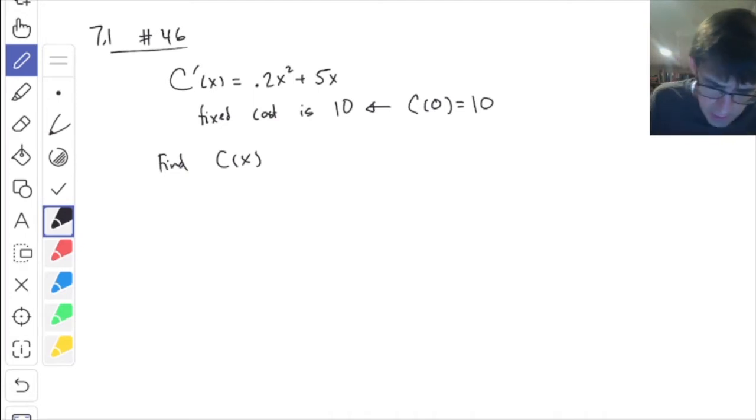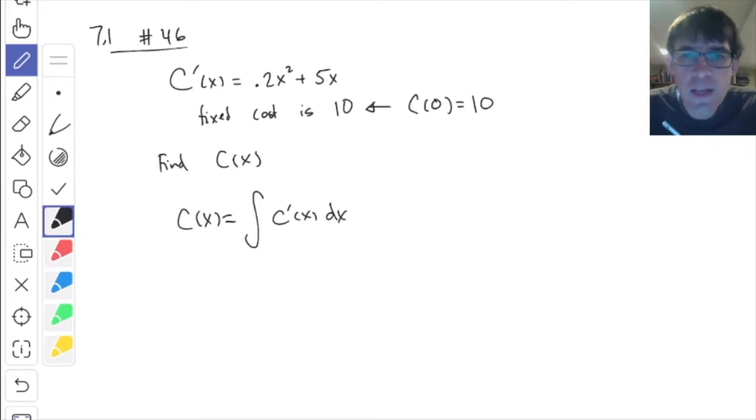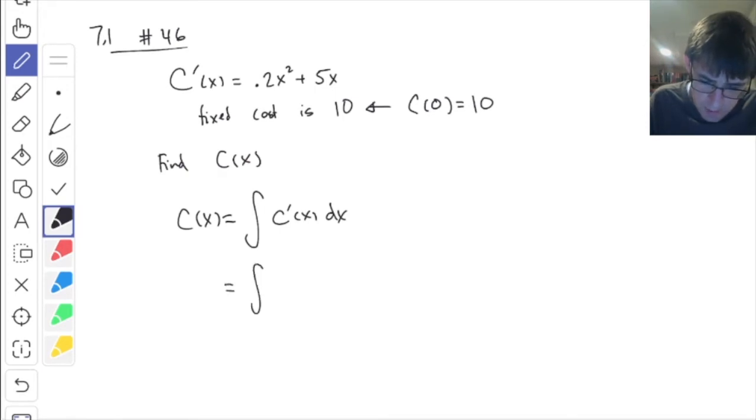Anyway, let's do it. So c of x will be the antiderivative of, well, let me just write it this way, right? That's what the antiderivative means. You take something which is already a derivative and it gives you the original function. We are given the c prime in this example, so it's the integral of 0.2x squared plus 5x dx.